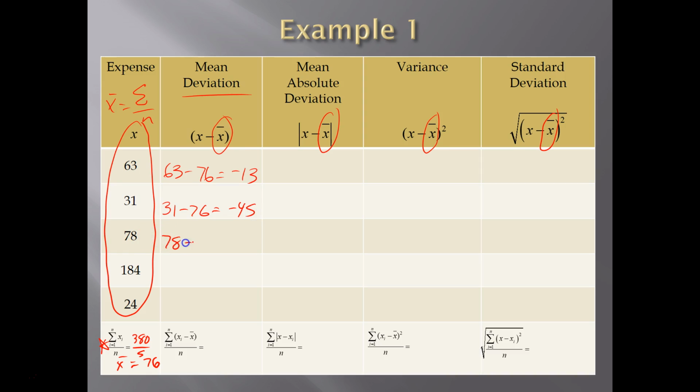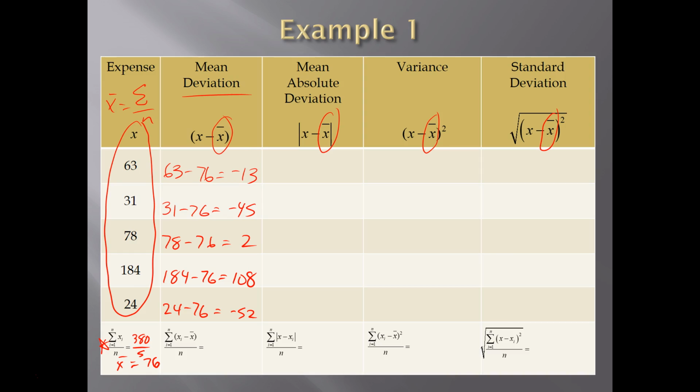Take the data values, subtract the mean, and here you get 2. Take the data value, 184, and subtract the mean, 76, and you get 108. And the last one, take the data value, 24, subtract the mean, 76, and you get negative 52.